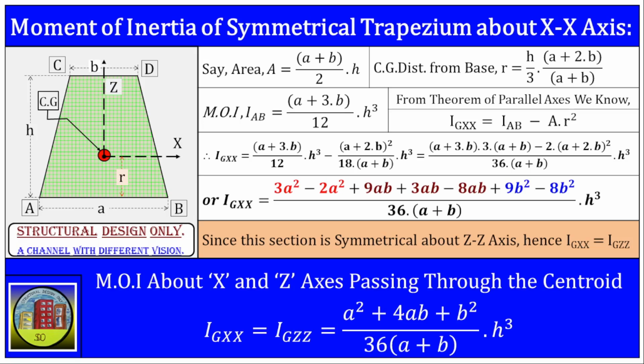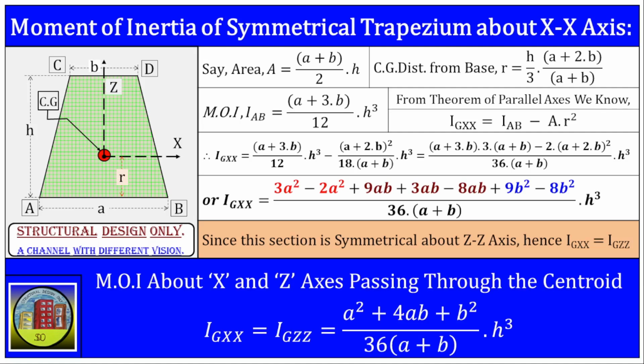Let's begin. Say the area of the trapezium is A, therefore A equals (a plus b) into h by 2. Say the distance of CG from base is r. Therefore the distance of the centroid from the base, r, equals (a plus 2b) into h by 3 into (a plus b).